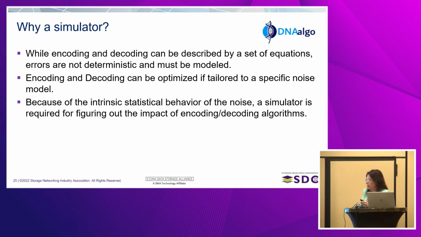I said before that the encoding and decoding algorithm is not just one algorithm, but a composition of different algorithms. But basically they're deterministic, because they can be described by equations, right? But errors in this channel, and in all channels, are not deterministic by definition.